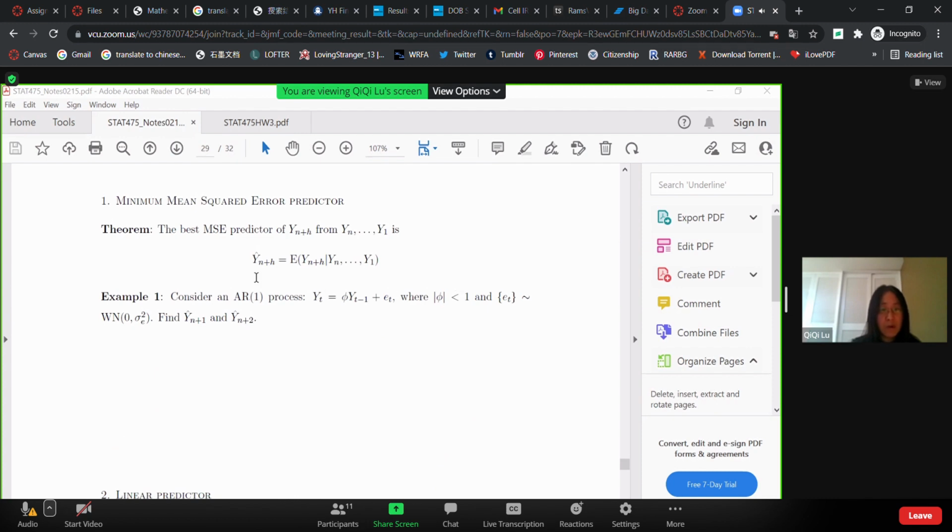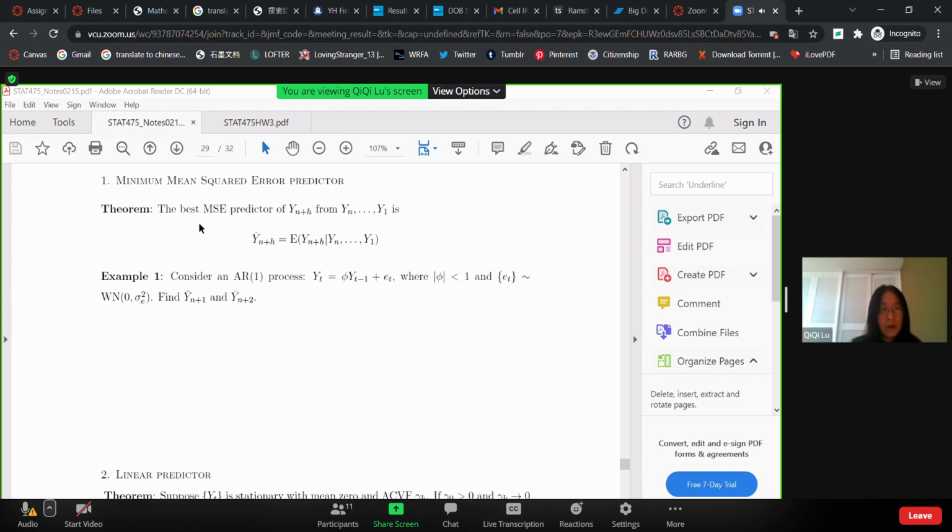Okay, so the first one, the minimum mean square error predictor, or the conditional expectation predictor. For example, if you have this AR(1) process, and phi is given, and sigma_e squared is given, and we know the absolute value of phi must be less than 1 for Y_T to be causal, right?